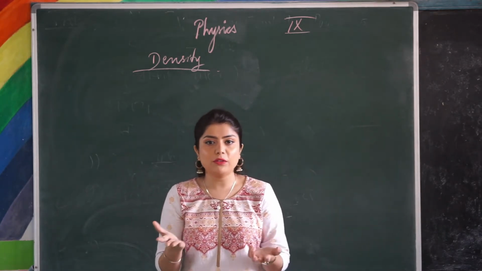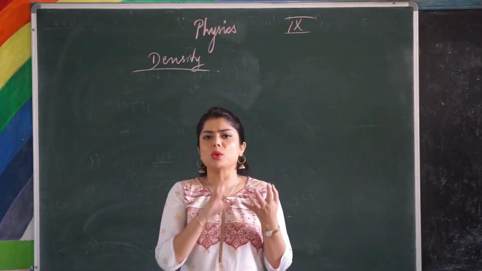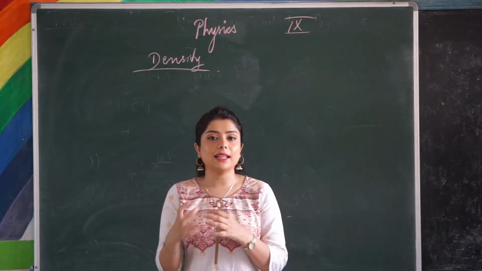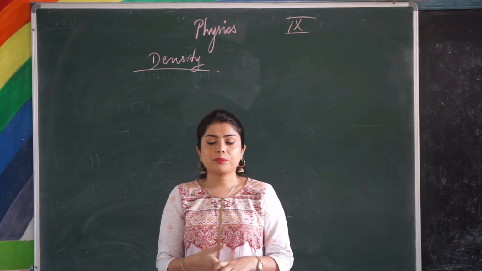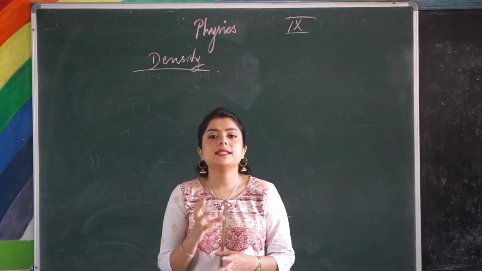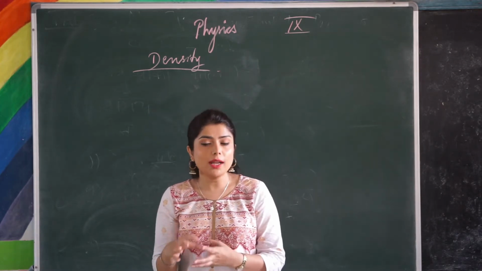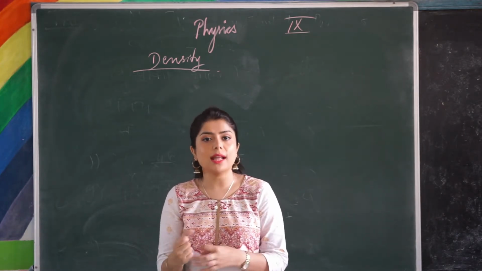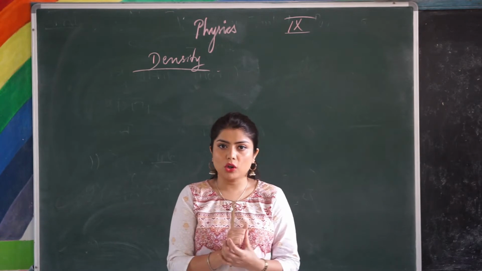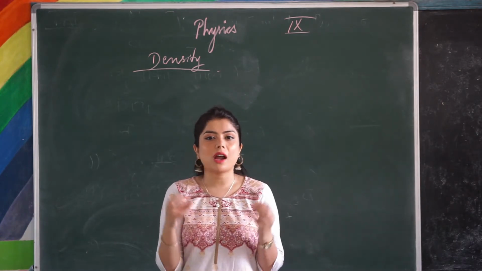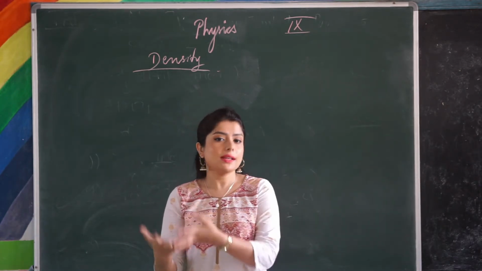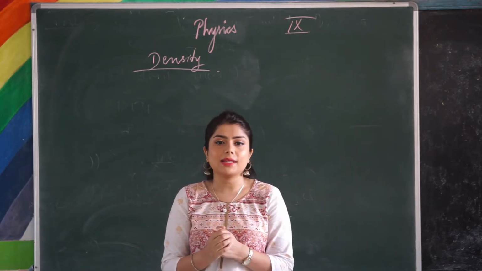The cotton ball will be way lighter than the iron ball, and the reason behind this is the density. The density of iron is more than the density of the cotton ball. In cotton the molecules are very loosely packed, whereas in iron the molecules are very tightly packed.